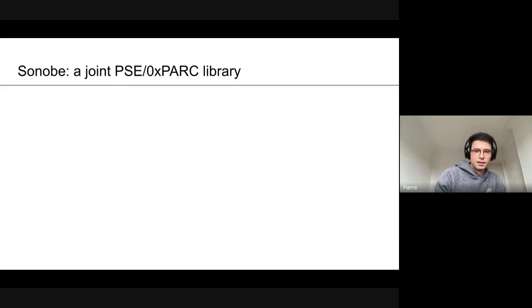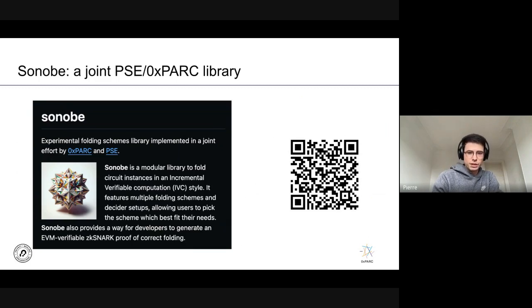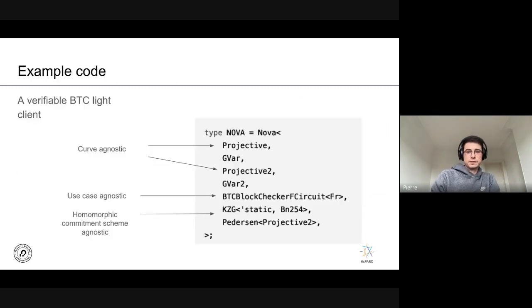Yes. So it's a joint PSE and 0xPARC library, and let's see a little bit of example code right now. Here, for instance, for the verifiable BTC light client, you can see that it is curve agnostic, so you can use whatever curve cycle you want. You can use secp and secq, you can use BN254 and Grumpkin, whatever curve cycle you want for the specific project.